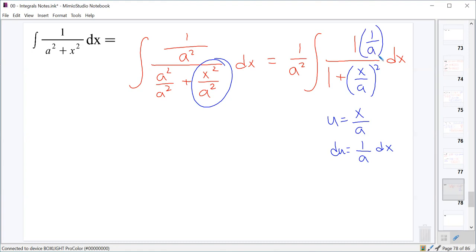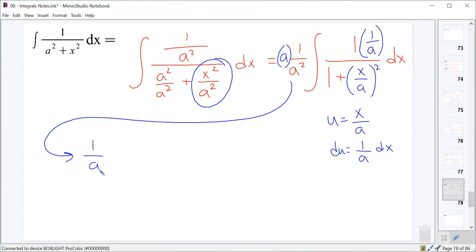But if I multiply by 1 over a on the inside, I've then got to multiply by a on the outside. So this is going to come down here, and on the outside now I'm going to have a constant of a over a squared. A over a squared is just 1 over a. And then on the inside, I've now got an integral of, well, let's see, 1 over a dx is du.